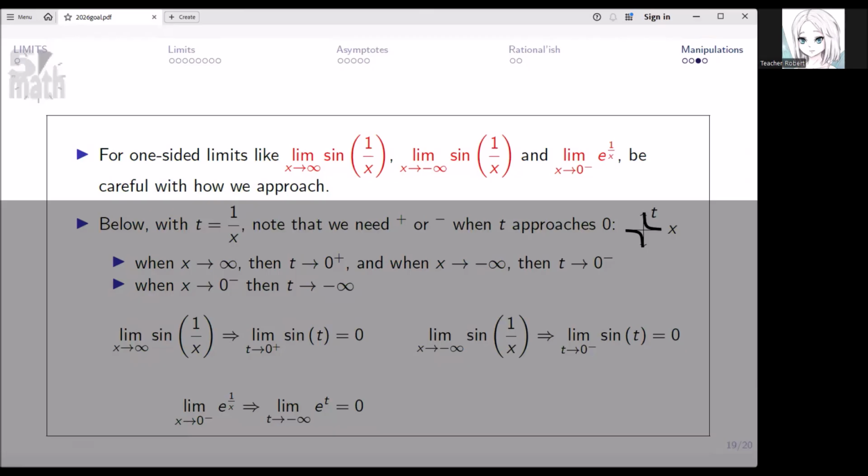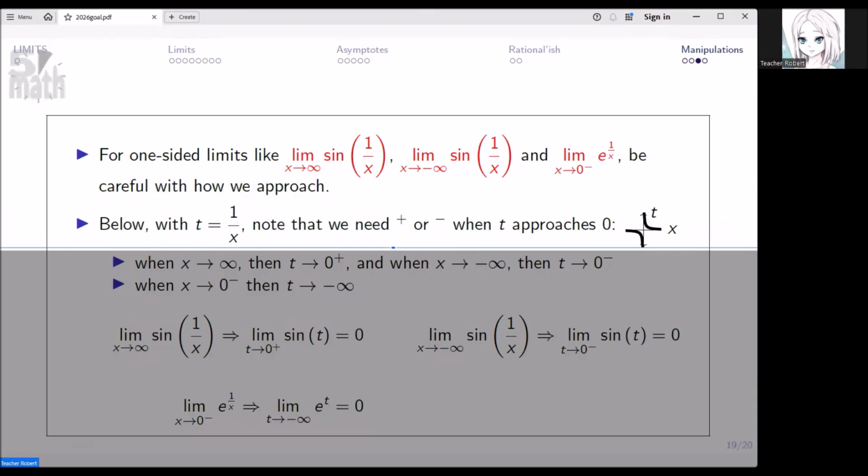For one-sided limits, like limit as x approaches infinity of sine 1 over x, limit as x approaches minus infinity of sine 1 over x, and limit as x approaches 0 from the negative of e to the 1 over x, be careful with how we approach.